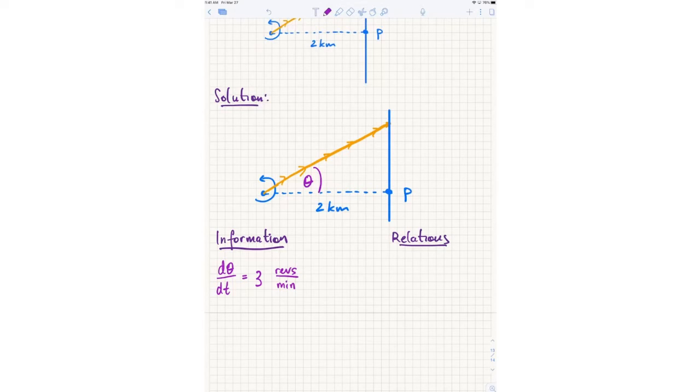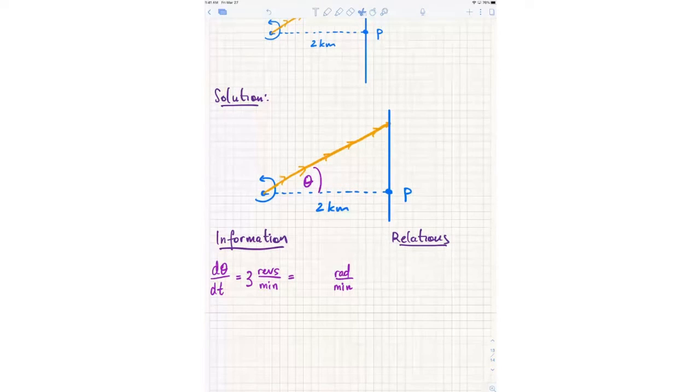So 3 revs per minute is equivalent to how many radians per minute? The angle has to be measured in radians. How many radians is that? 3 revolutions is how many radians? One revolution is all the way around once.